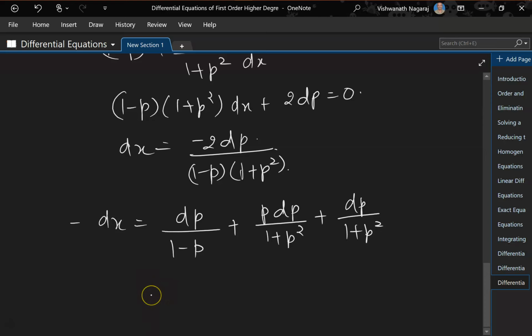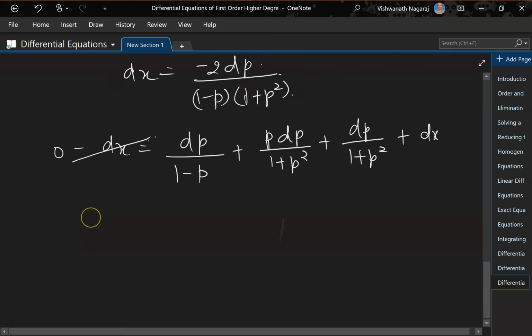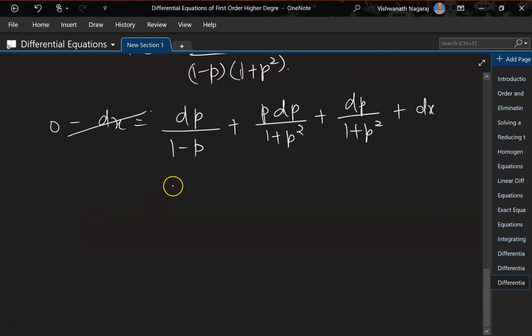Now what we'll do is take this dx also to the other side, so plus dx, so here it becomes 0. Now let's integrate. The dp will disappear.